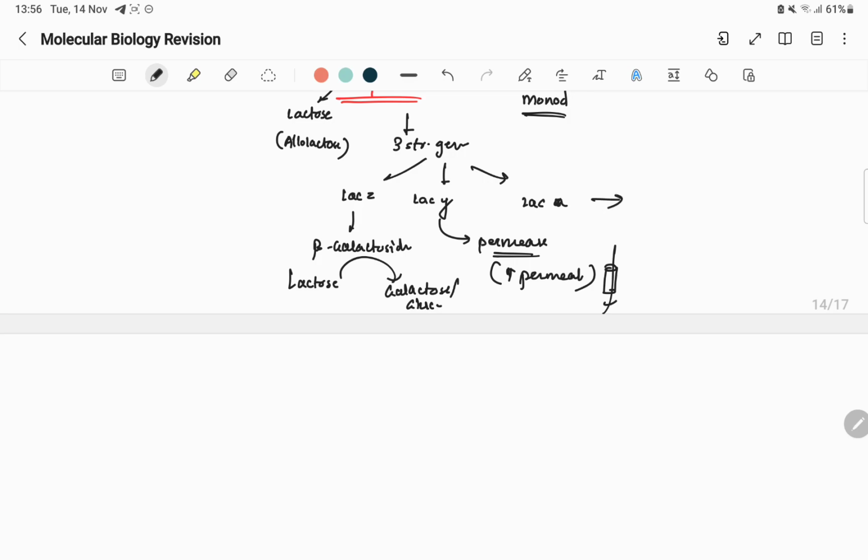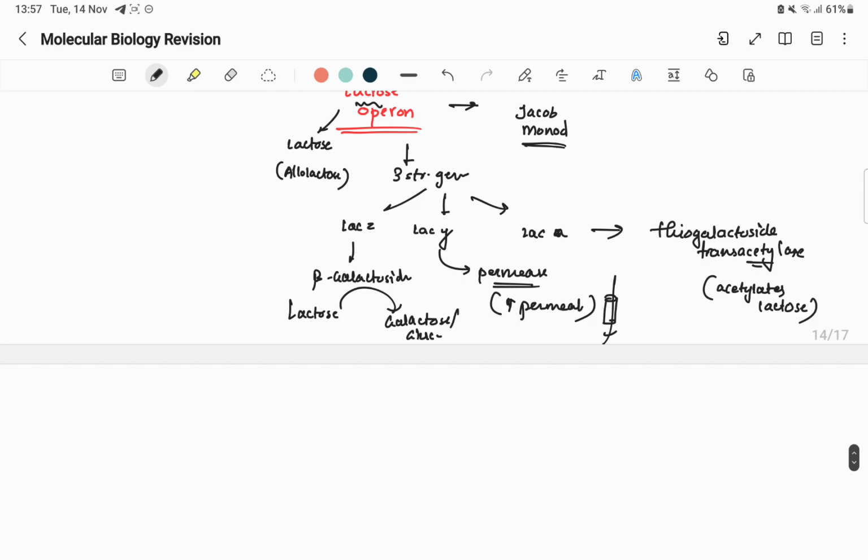Then lac A codes for thiogalactoside transacetylase, which acetylates the lactose. The function of acetylation of the lactose is yet unknown, as written in your Lippincott textbook.